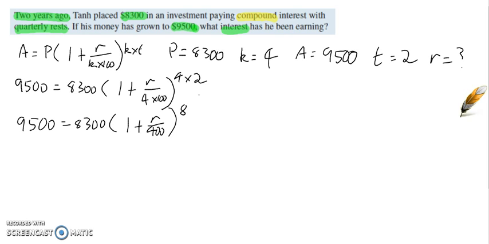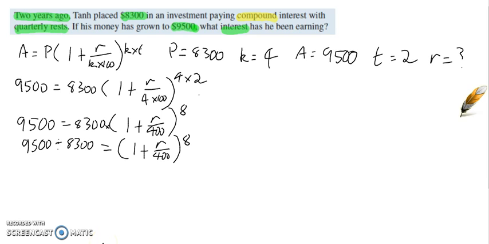This is where the order becomes really important, so please make sure you follow this order. The first thing we have to get rid of is the 8,300. So remember, there's a little multiply in here, which we don't normally put in. So the opposite of multiply is divide. So we end up with 9,500 divided by 8,300 equals 1 plus R over 400 to the power of 8.